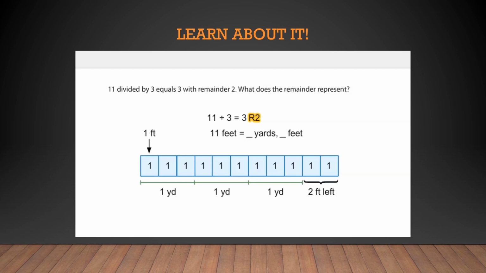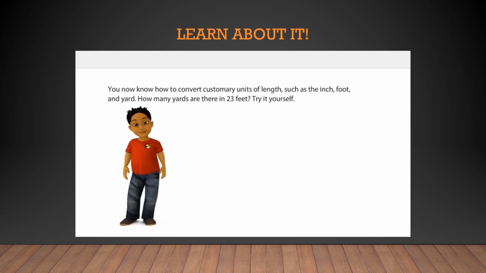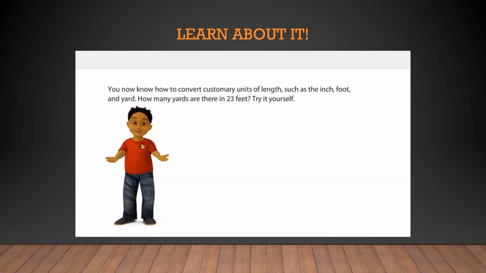What does the remainder represent? The remainder represents the number of feet that are left over. 11 feet equals 3 yards and 2 feet. You now know how to convert customary units of length, such as the inch, foot, and yard. How many yards are there in 23 feet? Try it yourself.